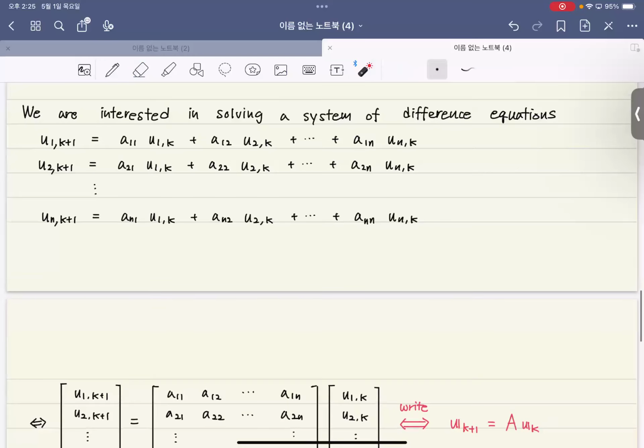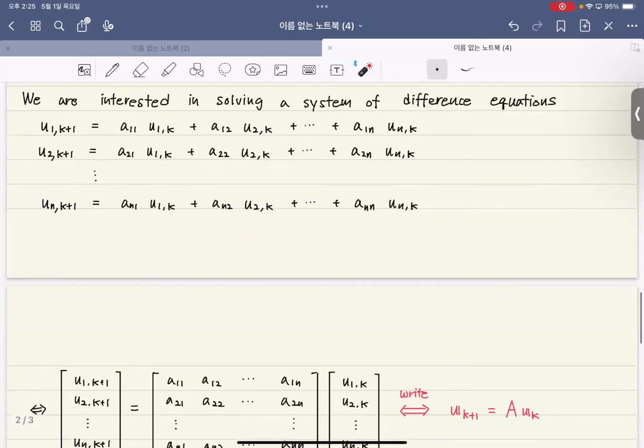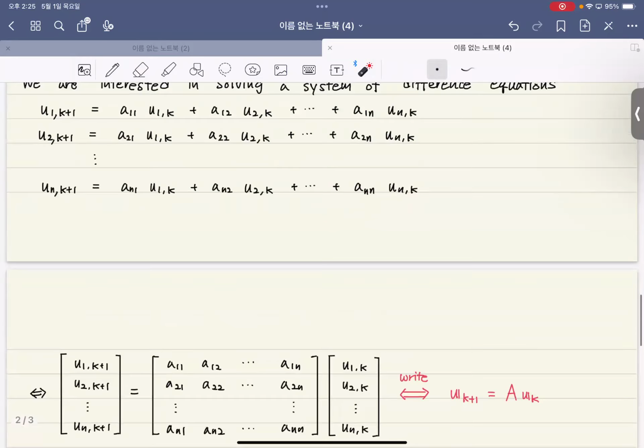I've got a better way of writing this. Persisting with this notation will be time consuming. So instead, I will write the left-hand side as a column vector from u1 at k plus 1 to un at k plus 1.